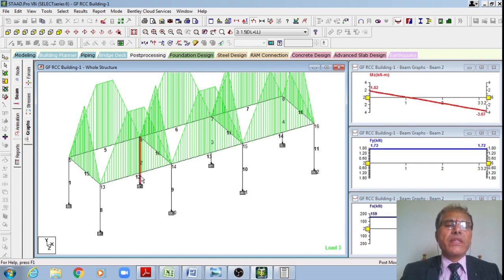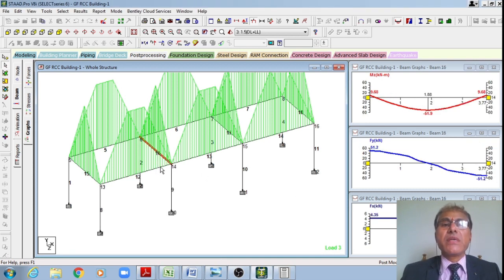Now let us check this intermediate column. The moment is varying from 1.82 to 3.67, but here you see the axial load at the bottom is 159, whereas manually I got 140, almost okay. 140 is in line with 159, but the moments were almost assumed 0 from one direction, but from this direction it was assumed as 40.